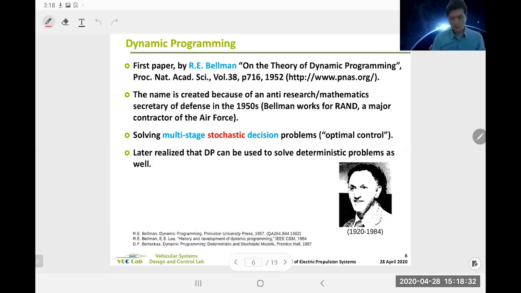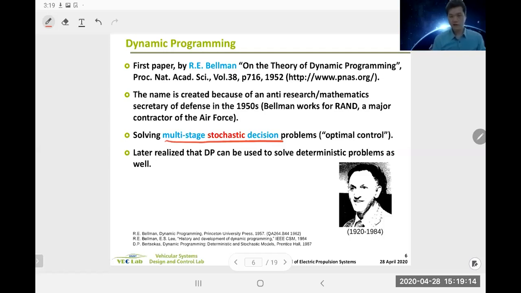And dynamic programming was one branch of that, and so Bellman is called the father of dynamic programming, and of course he's not the first person, but he derived and then he summarized this field quite well, and then he came up with stochastic dynamic programming, also called multi-stage stochastic decision problems.